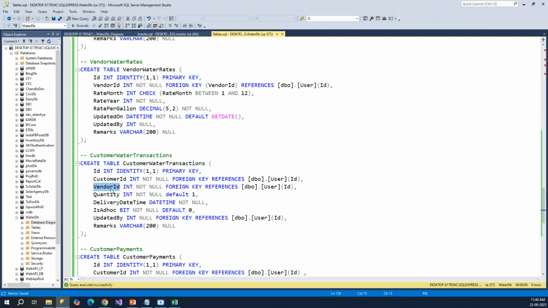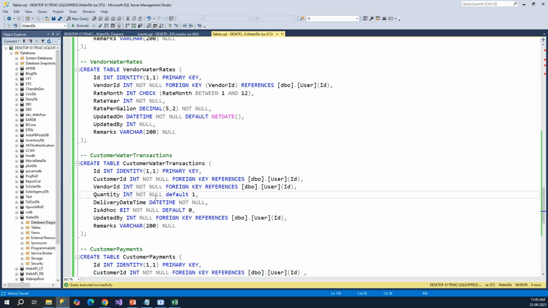Then the vendor ID, from which vendor he or she has bought, again referring to user ID. Then the quantity, default should be one, because you cannot make an entry that is zero or even negative. It has to be at least one, so I added default one.